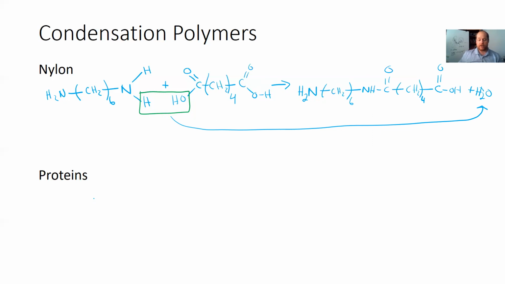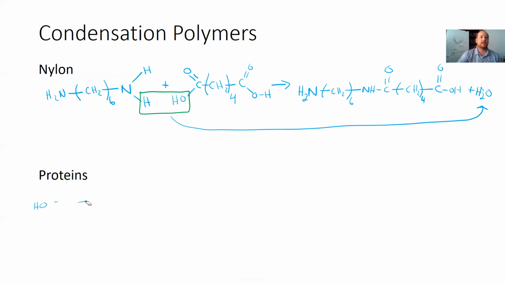Proteins are also examples of condensation polymers. Proteins just happen to be biological or natural polymers. For a protein, we can look at something like an amino acid. I'll try that again.